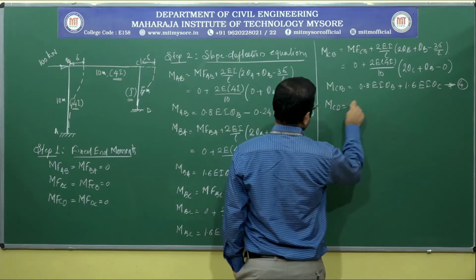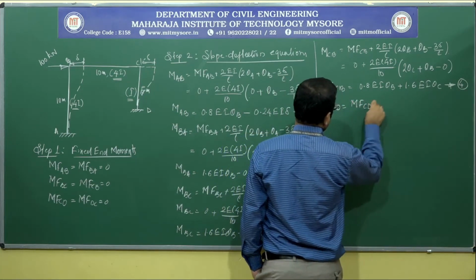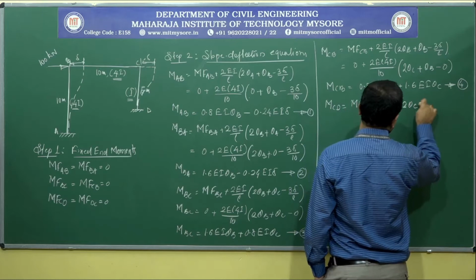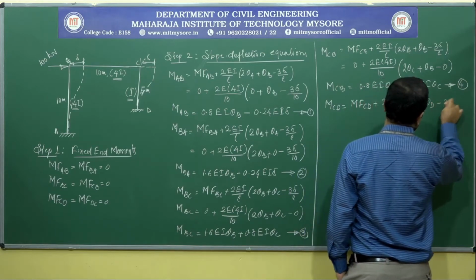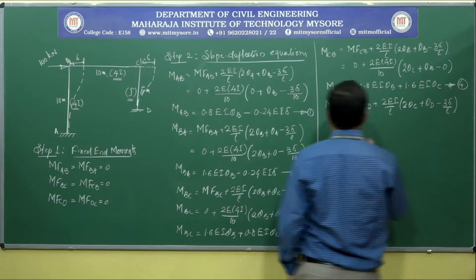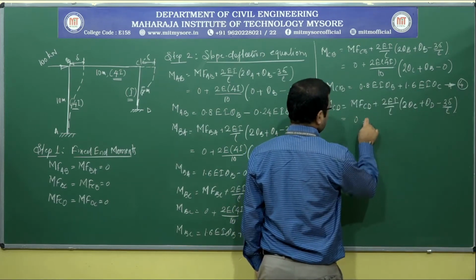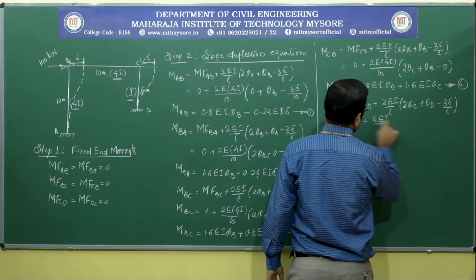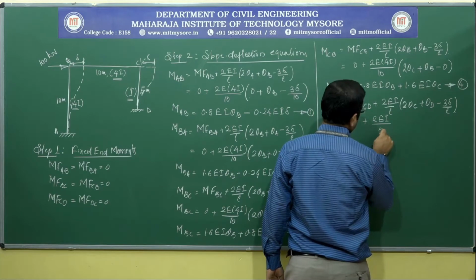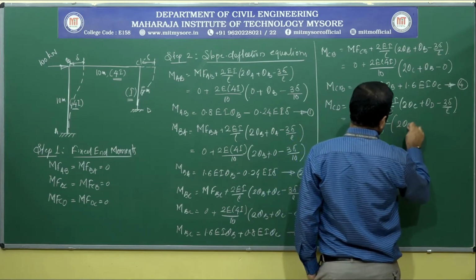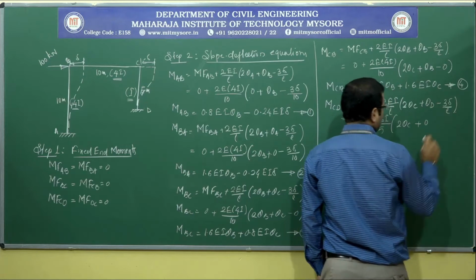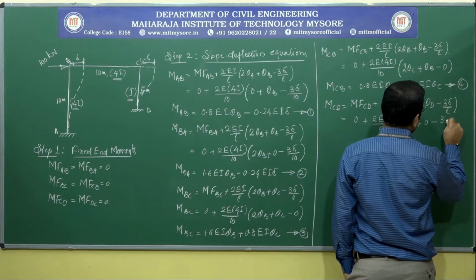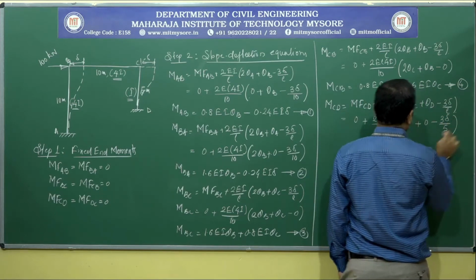So MCD is equal to MFCD plus 2EI by L into 2 theta C plus theta D minus 3 delta by L. So here MFCD is again 0 into 2E, I value is I, no change, whereas the length is 5 meter into 2 theta C plus theta D is 0 as the support D is fixed, into minus 3 delta by L is 5.